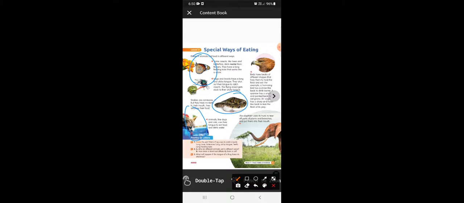A frog has a sticky tongue to catch the flying prey, and elephants have a tusk and a tongue to tear off hard food and to keep it in the mouth. So now let us specially talk about the birds.